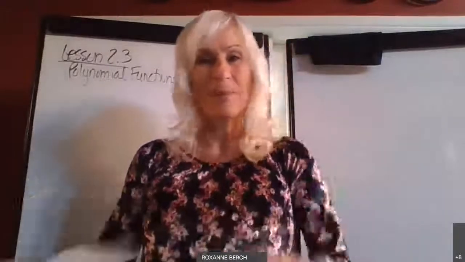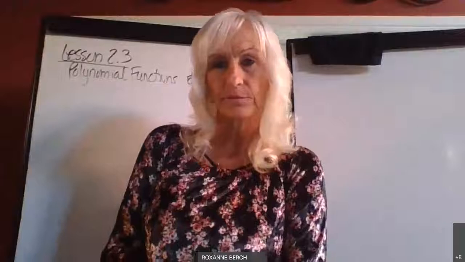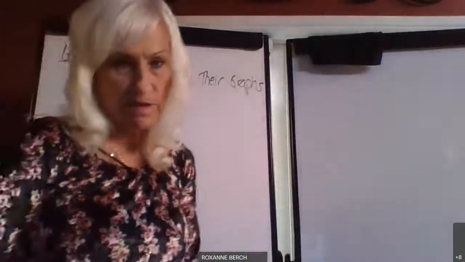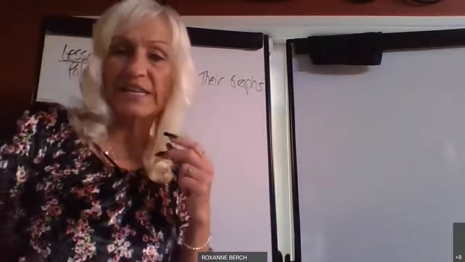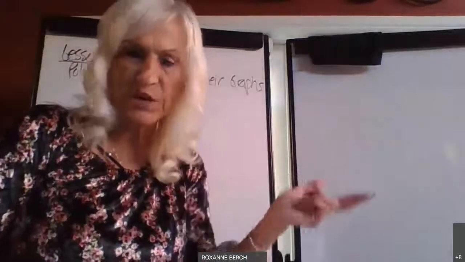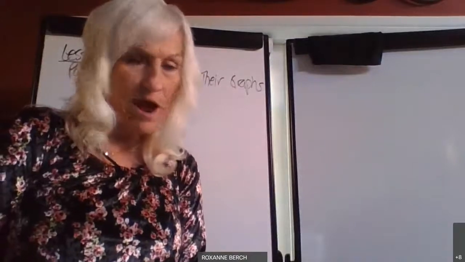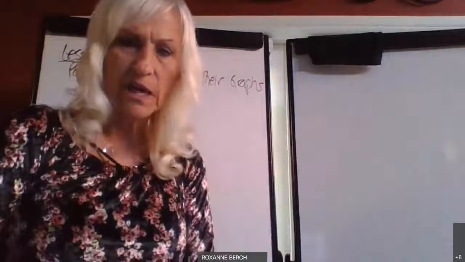In other words, I'm giving you a bunch of tools, and we're going to build the house at the end. There's actually 8 objectives, and I'm not going to teach all of them. I'm not going to teach the intermediate value theorem. We're going to skip that. And I'm not going to have you write the end behaviors.